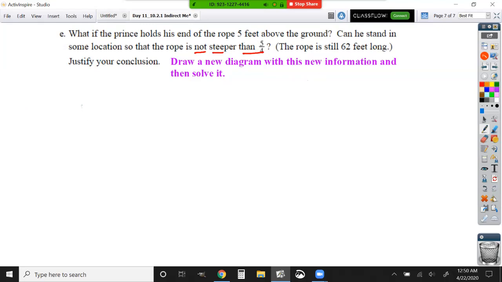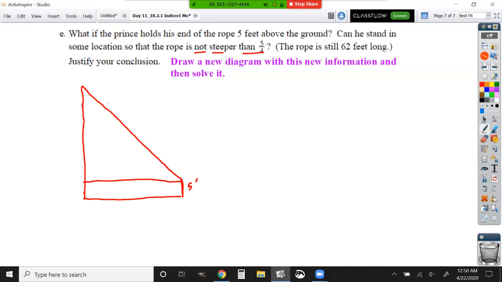Okay, new diagram. So he's standing back here somewhere, 5 feet above the ground. Looks like the same drawing we did before, only bigger. If this is going to be our 50-foot distance to the window, but this already is 5 feet, then this part has to be 45 feet.